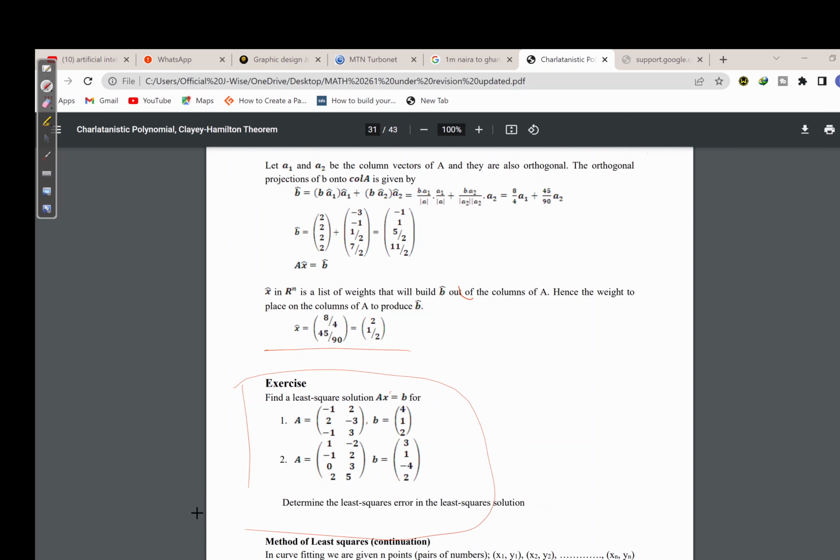So with the first one, let's discuss it. We are not going to solve it, but let me help you so that you might not find difficulty when you are trying your hands on it. With the first one, we have to find the least square solution of this.